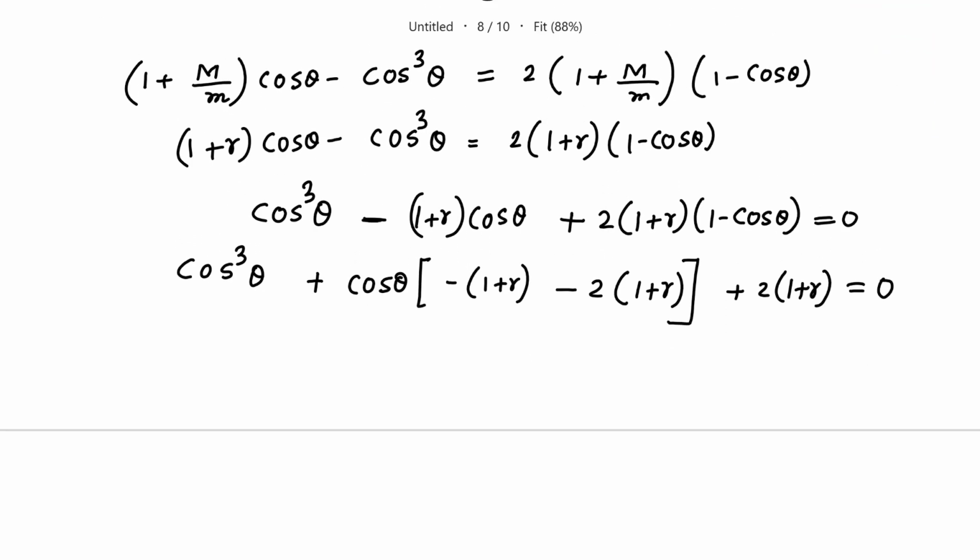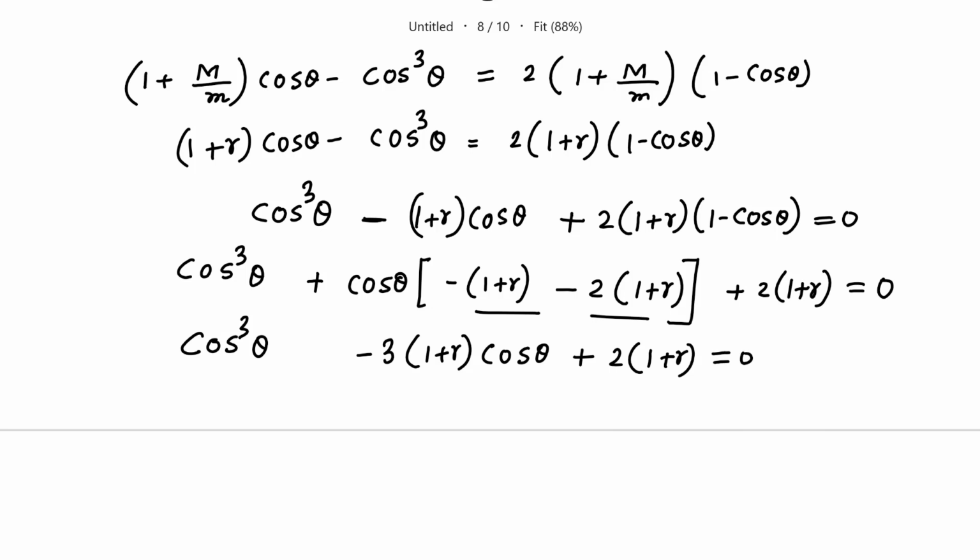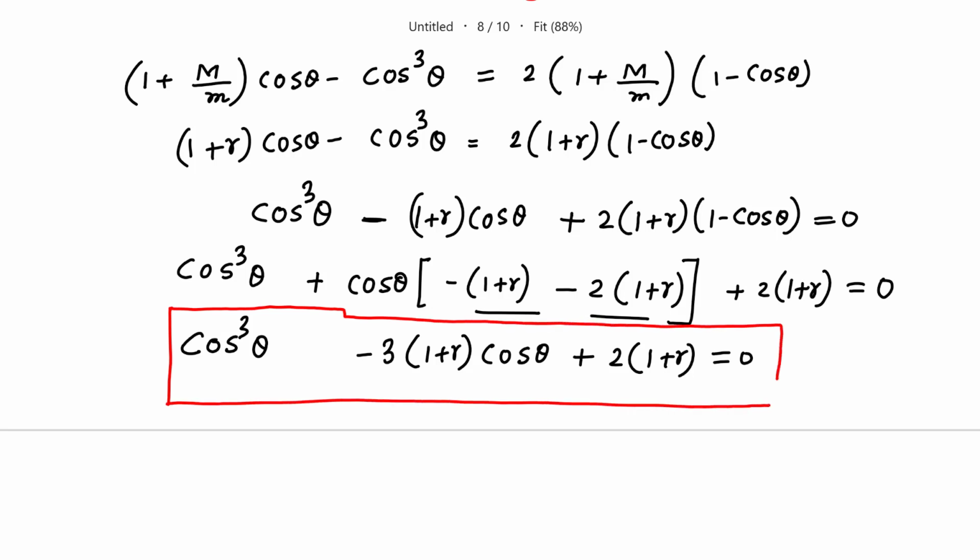So here I can say cos cubed theta, and this will be minus 3 times (1 plus r) into cos theta plus 2 times (1 plus r) equals 0. So this is the expression that we are looking for. This expression will give me the value of cos theta, and this is a cubic equation.